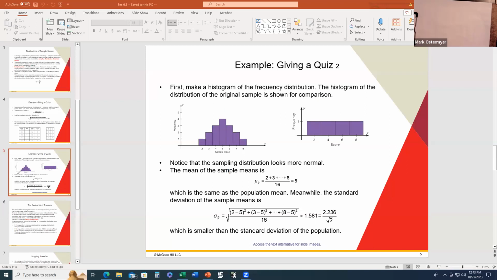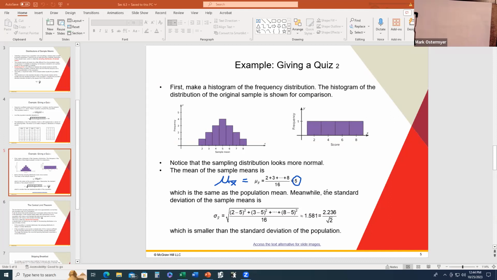Well, as it turns out, the mean of all these sample means, and notice the notation, they use mu with a little subscript of x bar. This is saying the mean of all sample means. It is the sum of all those 16 sample means divided by 16, and notice we get 5.